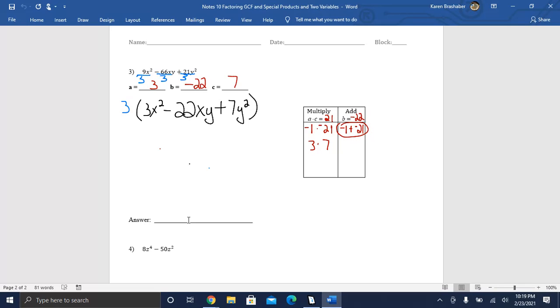Now the difference in this problem from a previous one is that we have two variables. So I'm going to go ahead and draw an arrow down and put my greatest common factor of 3. And then I'm going to write in my parentheses here, I have 3x squared, then minus 1.